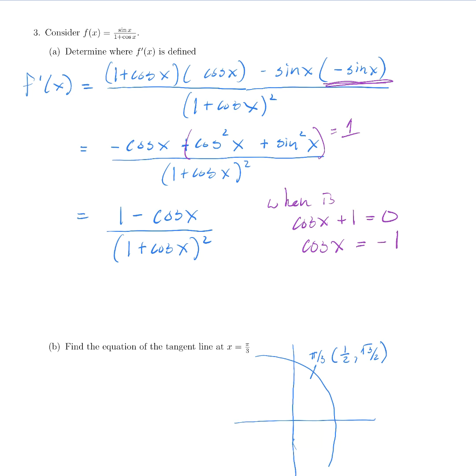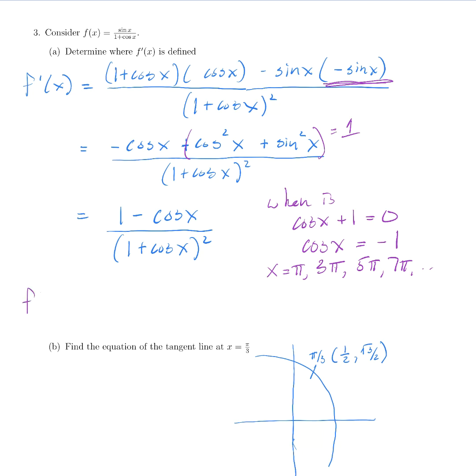So let's see, cosine is negative 1 for the first time at pi. And then if we go around the unit circle all the way till we get back there, that would be 2 pi units around. That would get us to 3 pi. And it would happen again at 5 pi, 7 pi, etc. Turns out we could go backwards to negative pi, negative 3 pi.